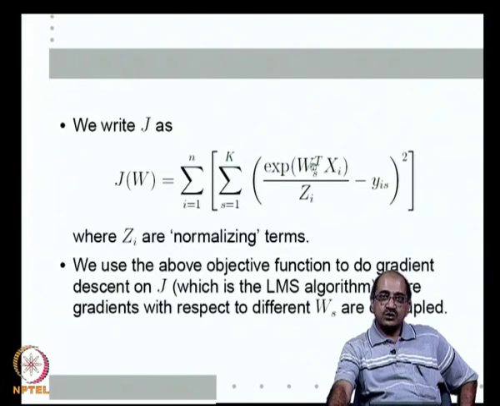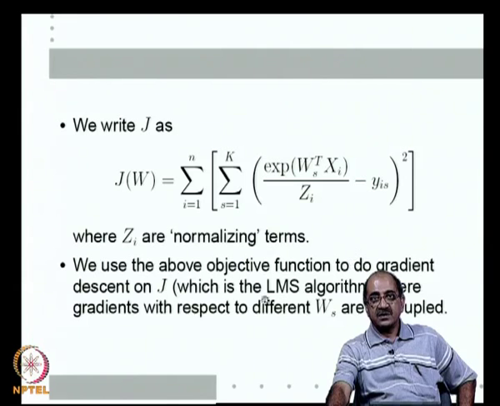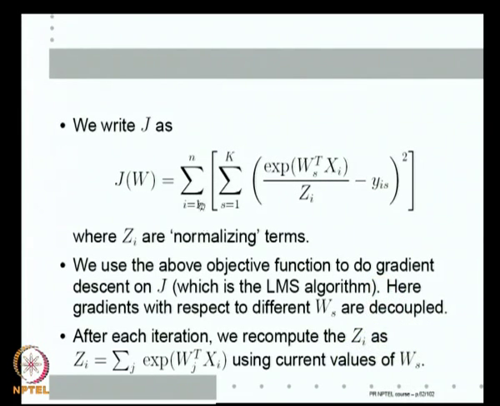But that is not quite true, because the Z_i's have to be proper normalizing constants. So, what one does is the following: you have currently some values of Ws, use that to calculate the current Z_i. Once you calculate Z_i, you pretend that Z_i does not depend on W anymore, and then calculate gradients.